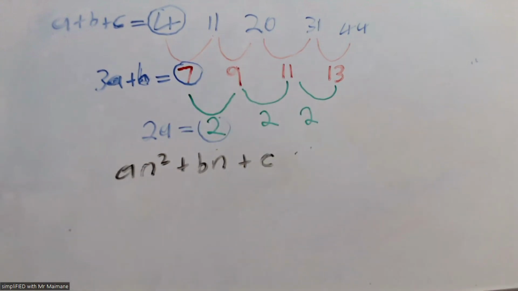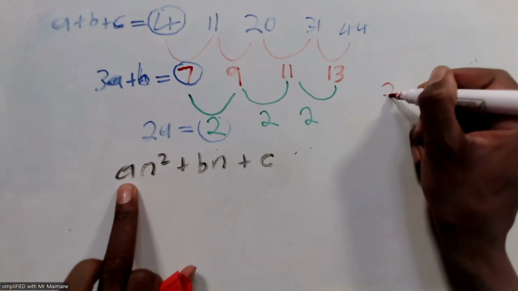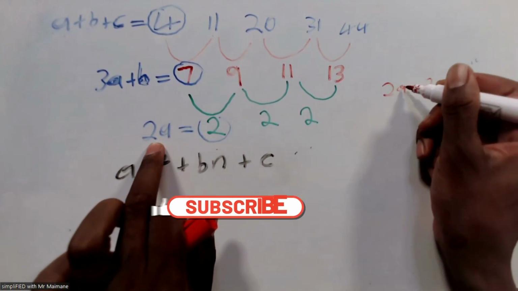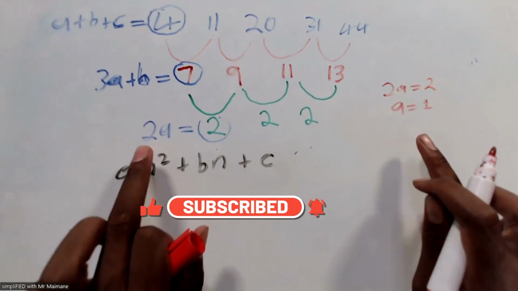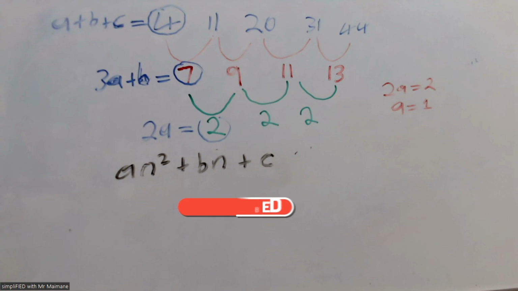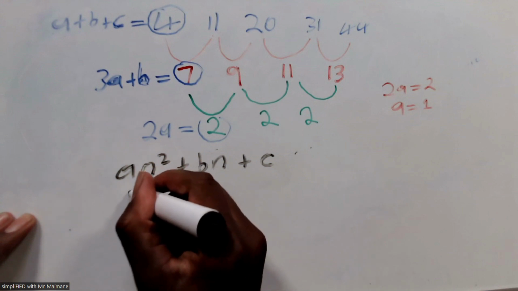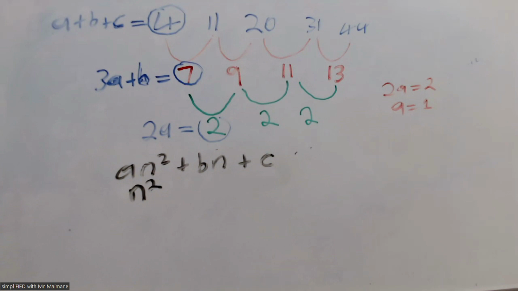So now, this one looks way easier than the first one, because to get the value of a, we say 2a is equal to 2 from here. 2a is equal to 2, which means a is equal to 1, right? So a is 1. If a is 1, I come here, I write n squared, because a is 1.